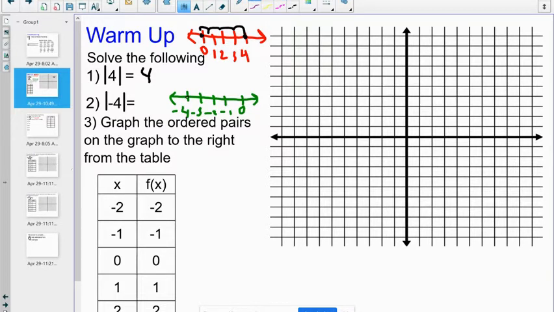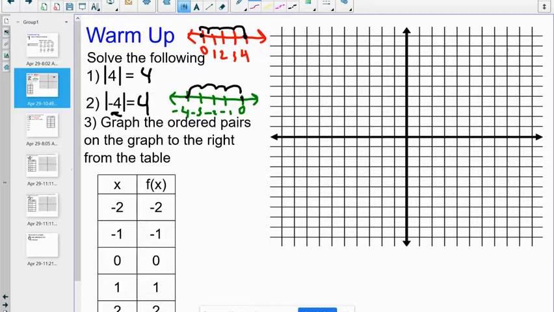Now that distance from -4 to 0, 1, 2, 3, 4. There's still 4. It's still a distance of 4. It's not just because it says -4 here. Remember, an absolute value is always positive.